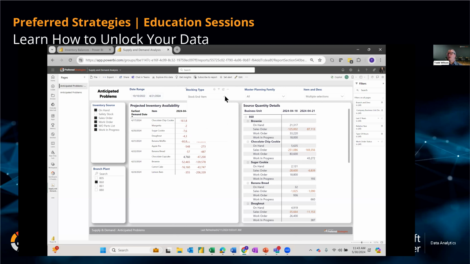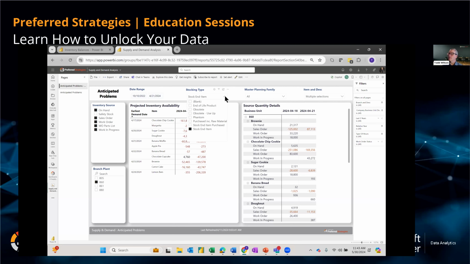We may also want to look at bill of materials or componentized. We may want to look at our WIP or work order detail. We can filter on any of that at any time. Same's true for our master planning family, or frankly, any attribute that we want to pull in, and it's drag and drop to pull that in, as well as item specific.